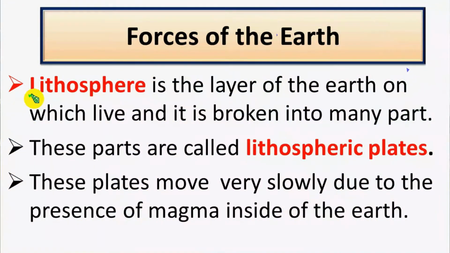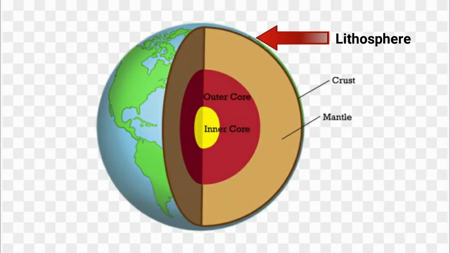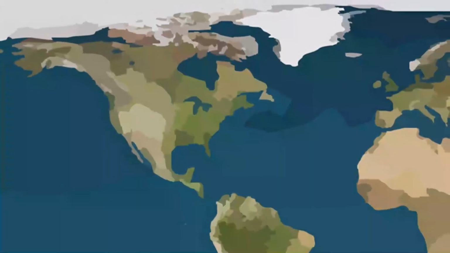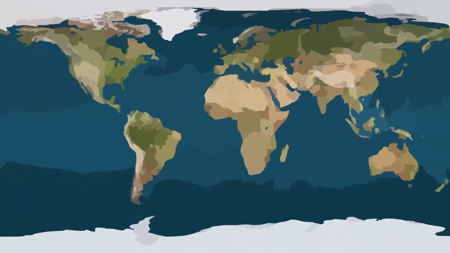Dear students, as you know, the lithosphere is the layer of the earth on which we live, and it is the upper part of the crust. This layer is broken into many parts, and these parts are called lithospheric plates.